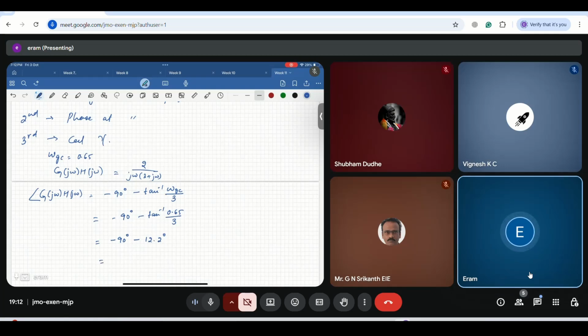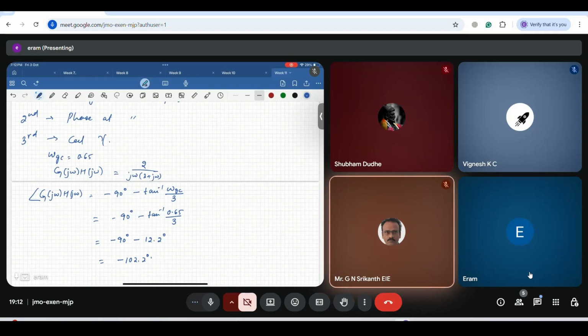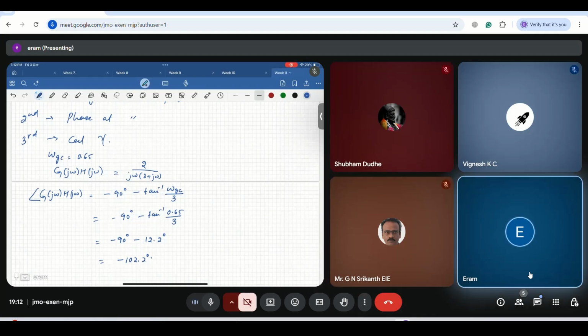That means your phase margin will be minus 102.2, correct? Yes, ma'am. So no, this is not your phase margin, this is your phase at gain crossover frequency.